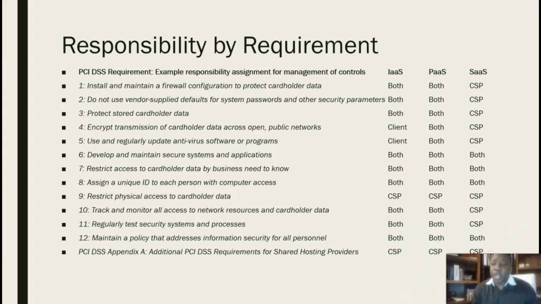The client is only using the processing and storage under IaaS, right? But it is the responsibility of the client for the transmission of the data under IaaS. All right, you got that?